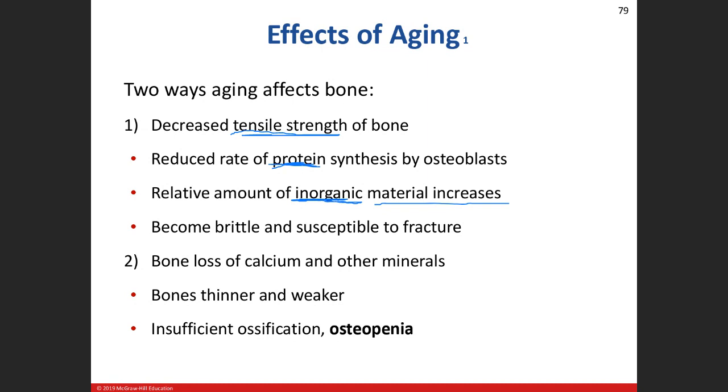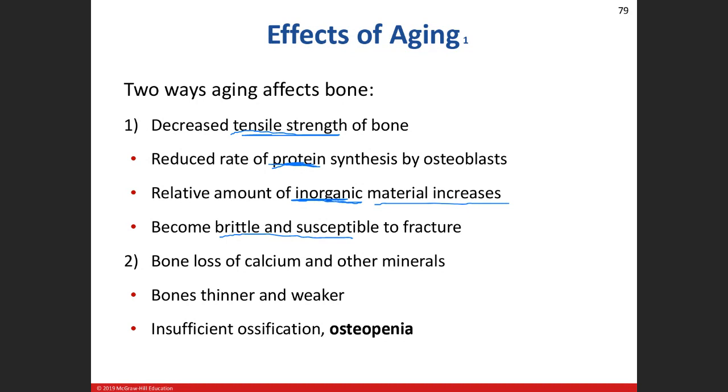That ratio gets skewed. Point being, bone becomes more brittle, and therefore more susceptible to pathological fractures. Stress fractures, for example, or hip fractures, which we see in the older population. So once the osteoblasts decrease their formation of the organic component of the matrix, we have too much inorganic, and that makes our bones brittle.